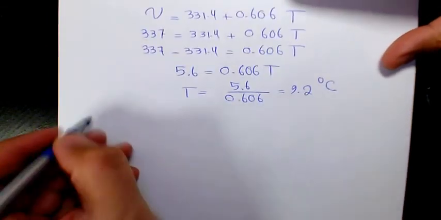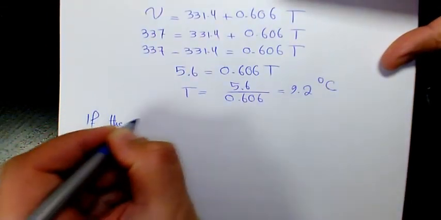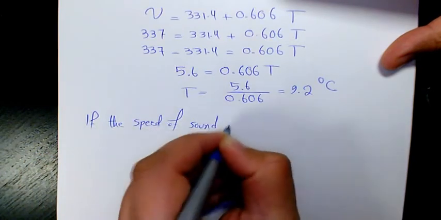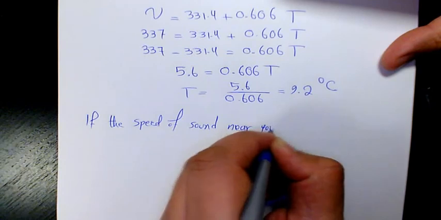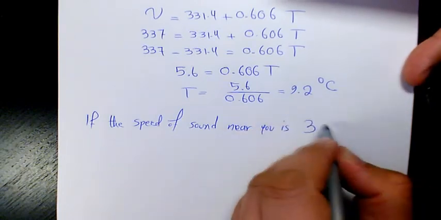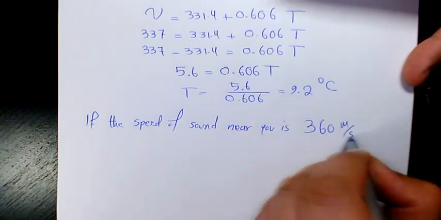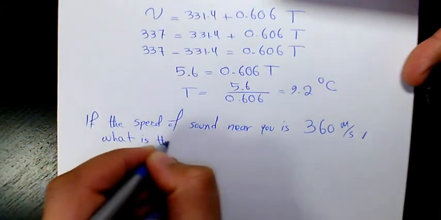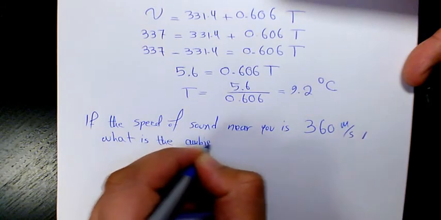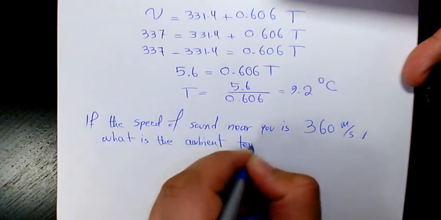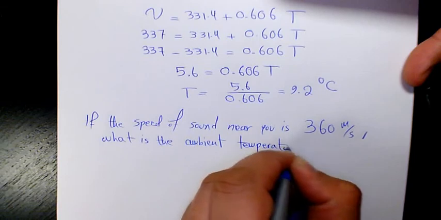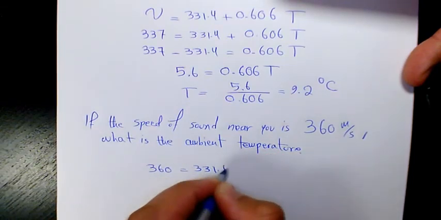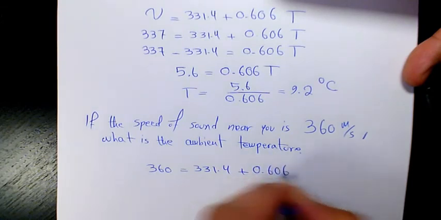Another example. If the speed of sound near you is 360 meters per second, what is the ambient temperature? So that case is going to be 360 equals 331.4 plus 0.606 times t.